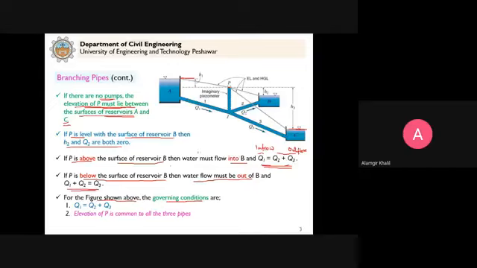So for this given figure, this is the equation that comes from continuity, and the elevation of P is common to all three pipes. This is pipe 1, and we have pipe 2 and pipe 3. Because it is the common meeting point, the elevation of P is common to all the three pipes.